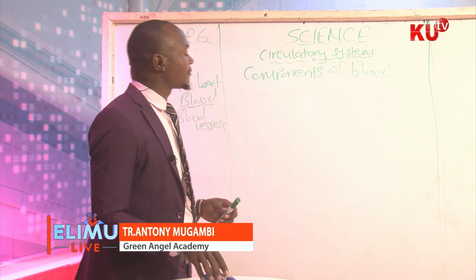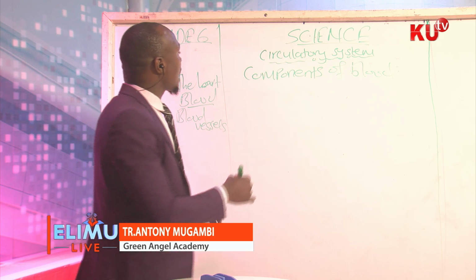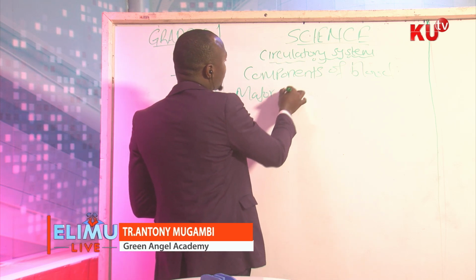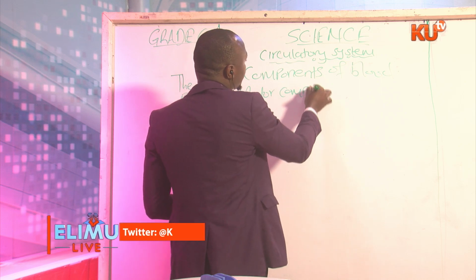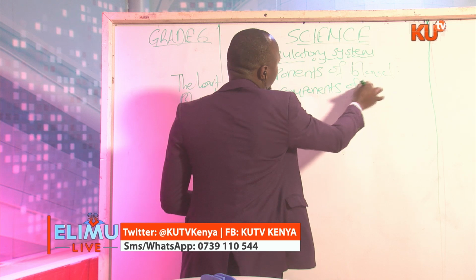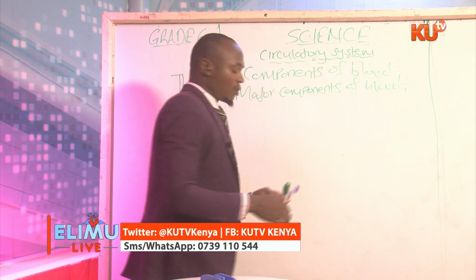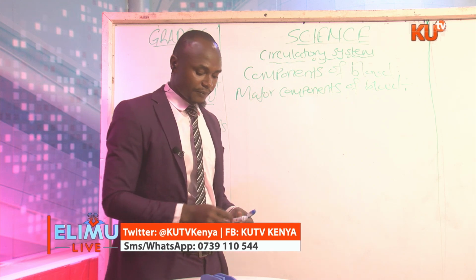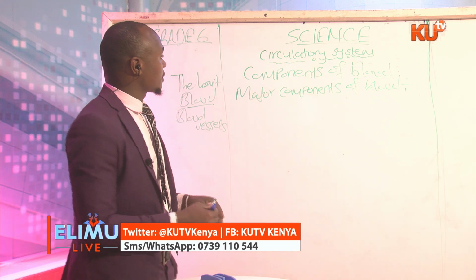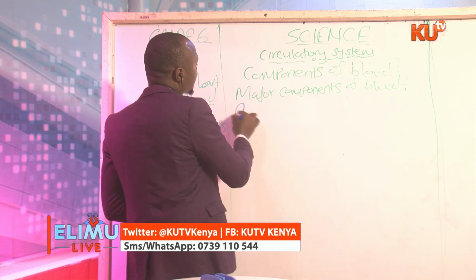So we shall be having the major components of blood. The first one that we are looking into is called the platelets.